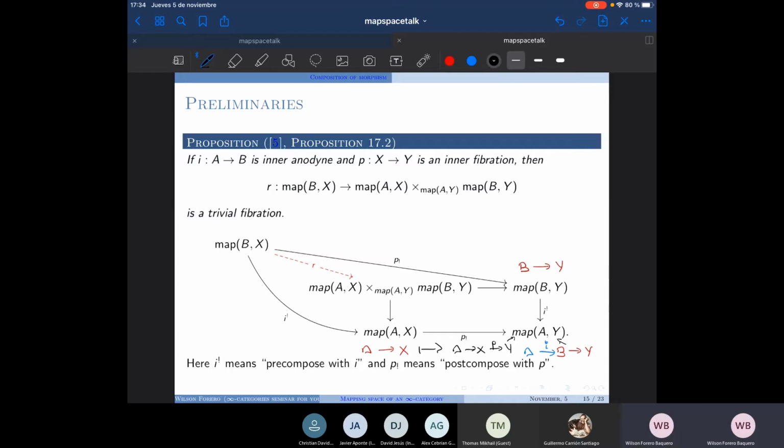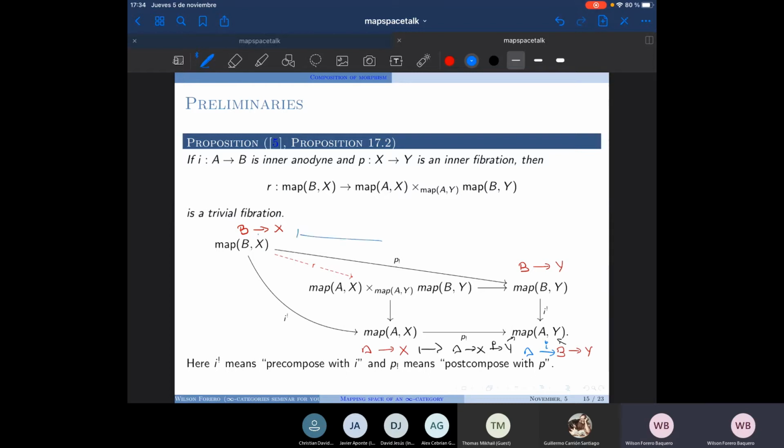Now we have the mapping space from B to X, for example. So there is a natural map to the mapping space from B to Y. In this case, it's just post-compose with p.